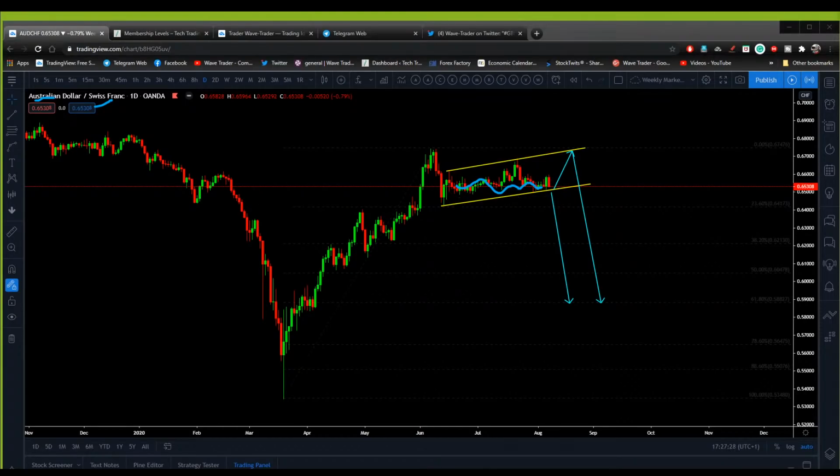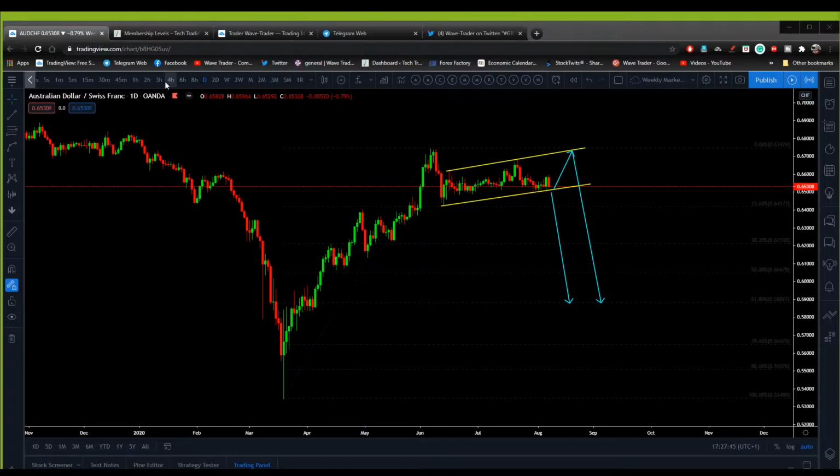You look for this daily correction to break down aggressively, and the Australian dollar against the Swiss franc to go a bit deeper, back within these areas or all the way back to that low.